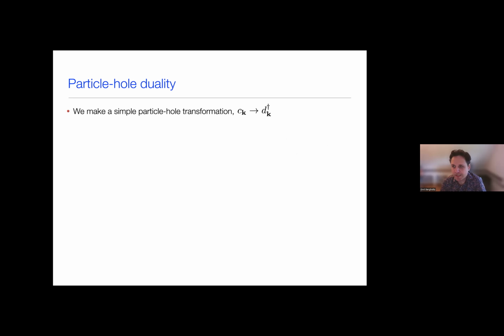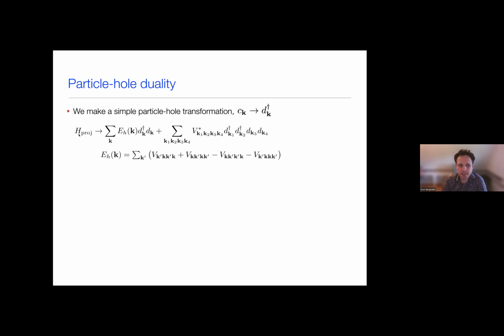So let's make a simple-minded duality transformation. Let's say c at momentum k becomes d dagger at momentum k. Then this projected Hamiltonian transforms into essentially the same thing.